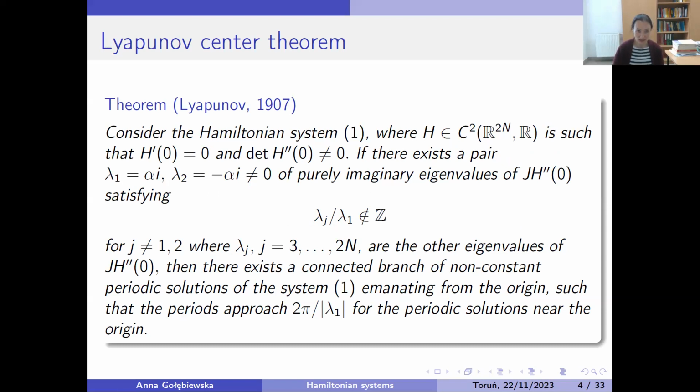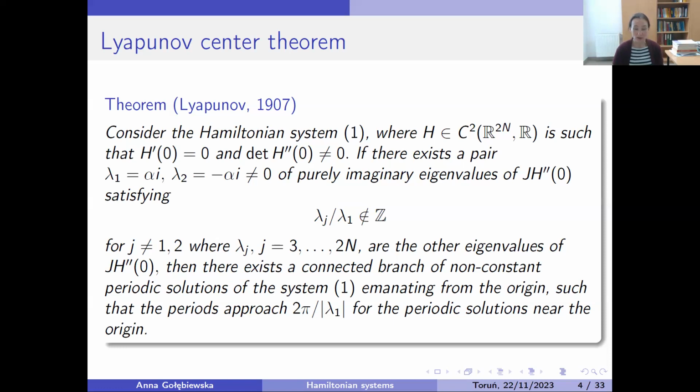This is well known, and probably the first and best known results concerning solutions of such systems come from Lyapunov, and he considered a system of our form. He assumed again that the origin is an equilibrium, but a non-degenerate one, by which it means that the determinant of the Hess matrix is not zero.